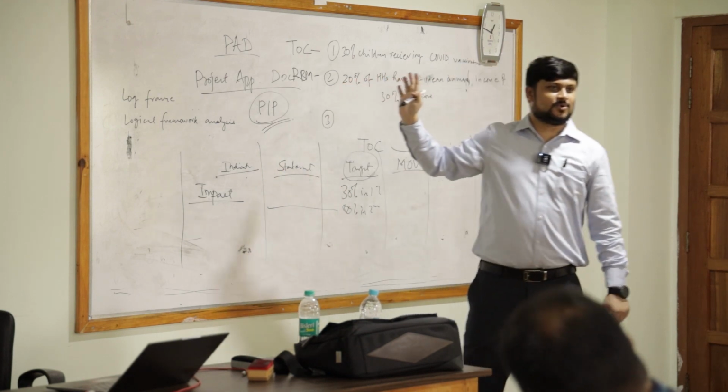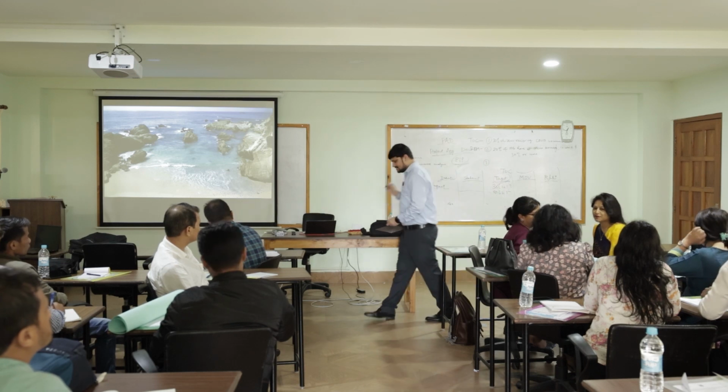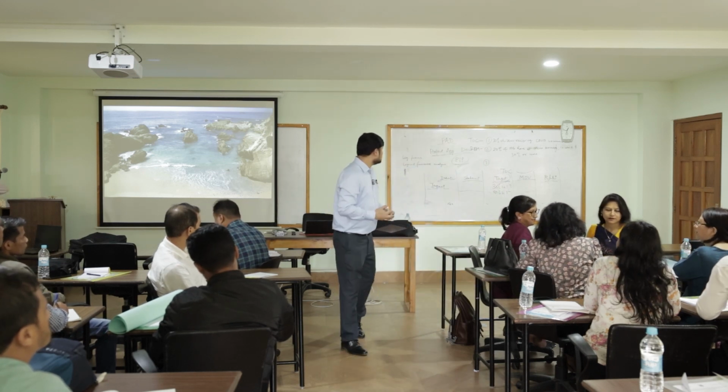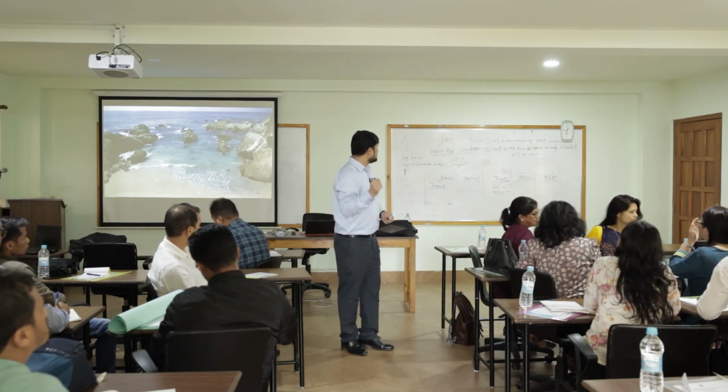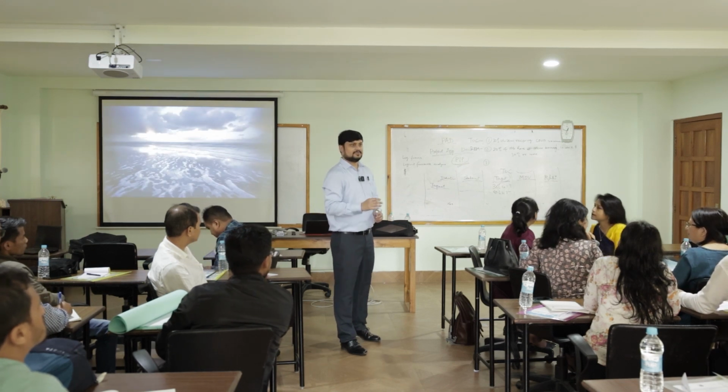Yours is a results framework. So the target is very clear. 20% of the households have a mean annual income of 30% or more.